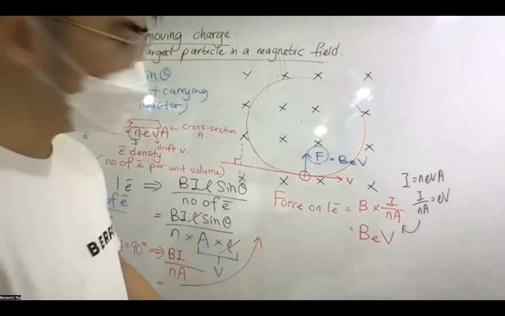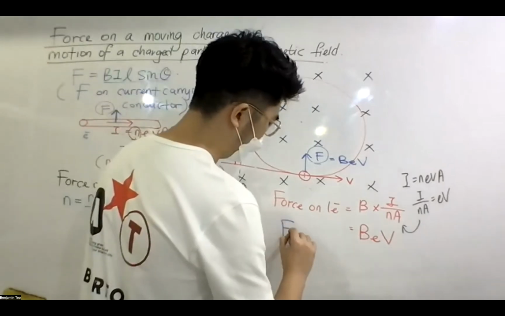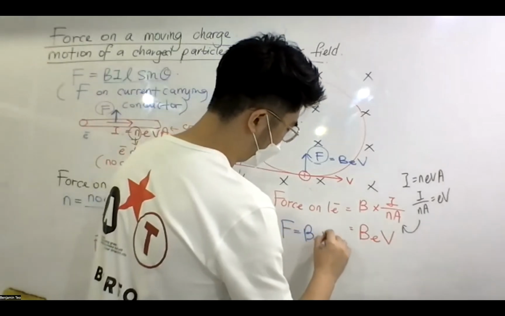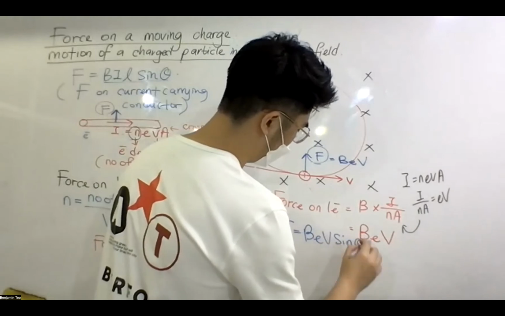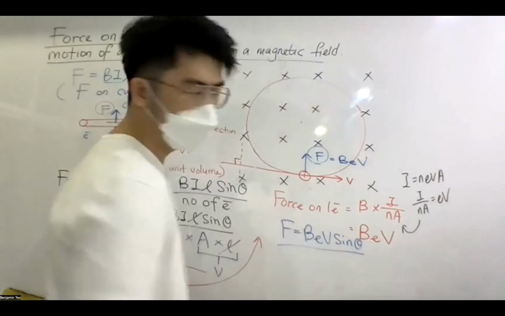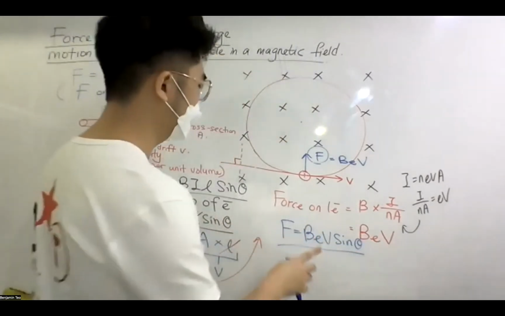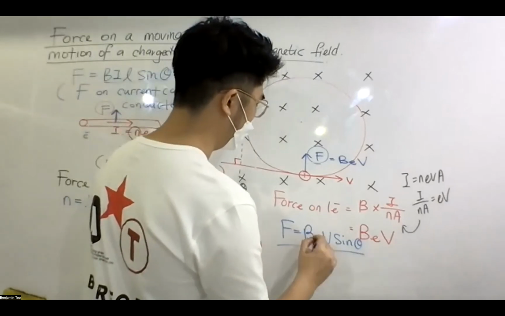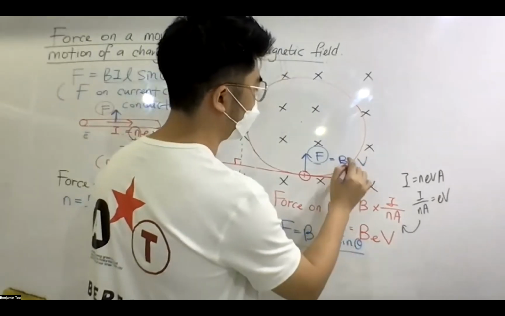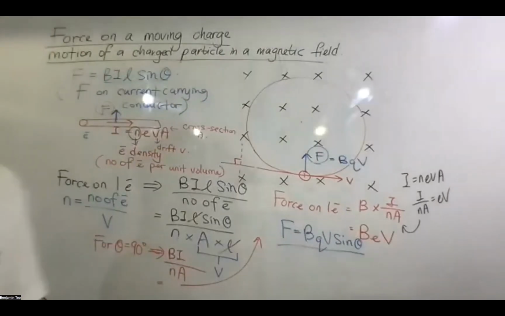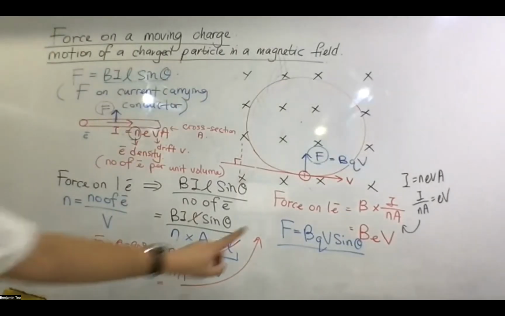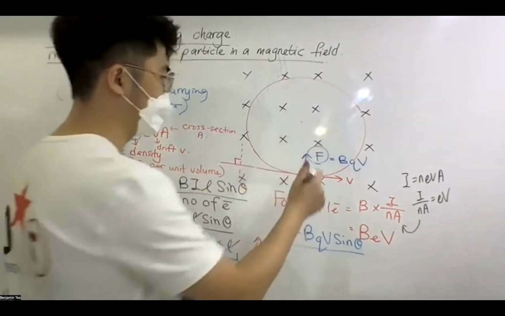If you want a general one, we can make it BeV sine theta. Normally you will not see the e; I will use BQV. They use BQV in general, the charge: BQV sine theta.